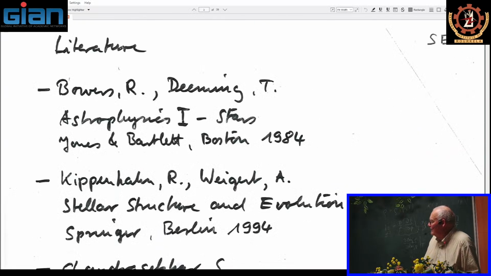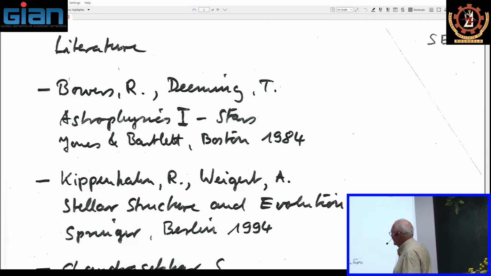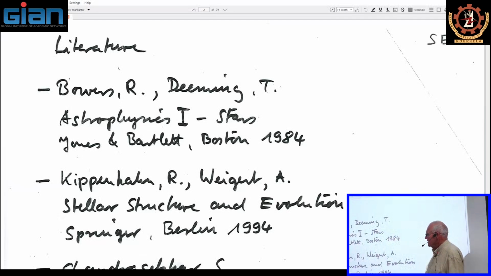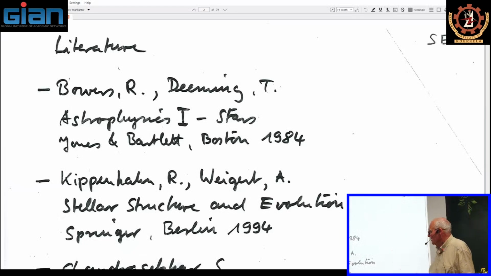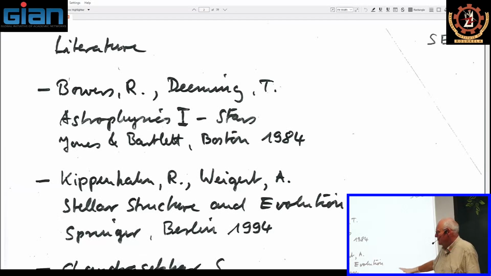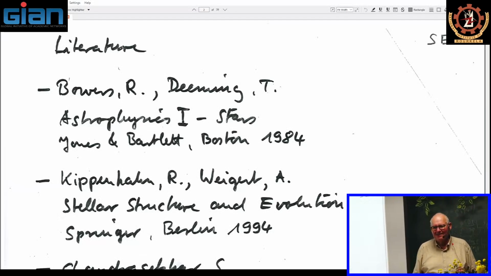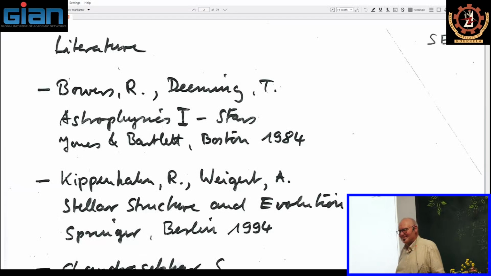Well, I have listed here some literature. There are many more books. I have taken pictures and figures mainly from Bowers and Deming, Kippenhahn and Weigert. Kippenhahn, because he was the one who initiated the stellar structure and evolution lecture in Göttingen at my home university, and this is, so to say, tradition to have this lecture there.